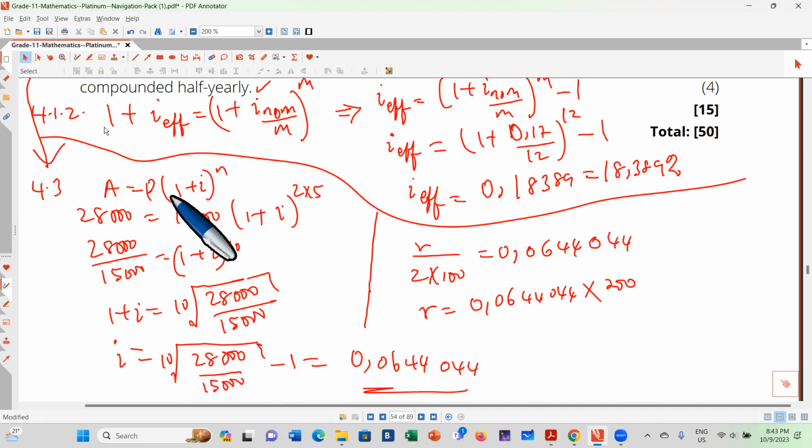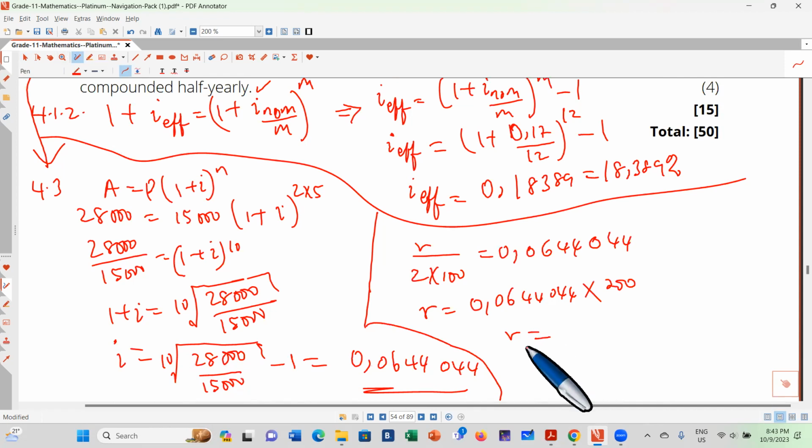As a consequence, r is the same as this one times 200.